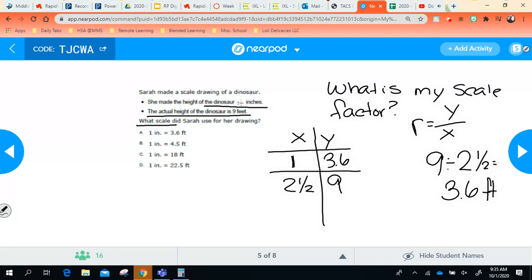A, 1 inch equals 3.6 feet. Okay, make sure you have this written down, and then I'm going to erase in a second.